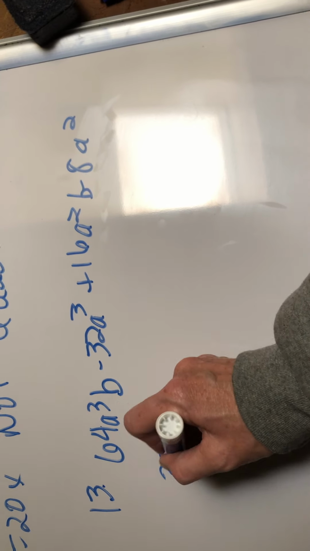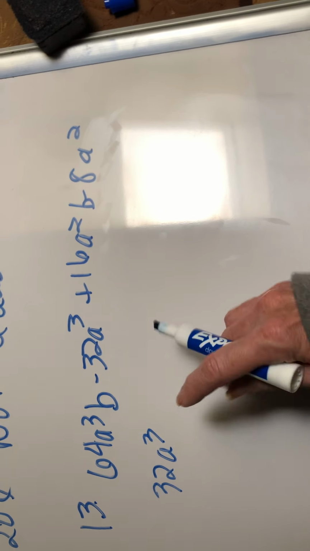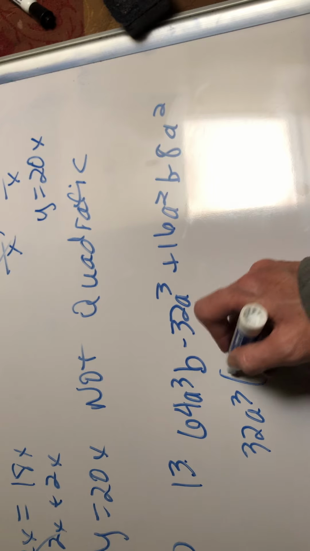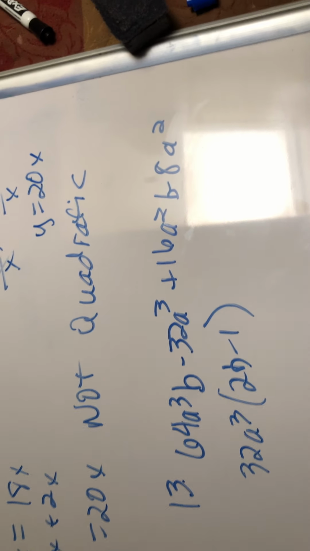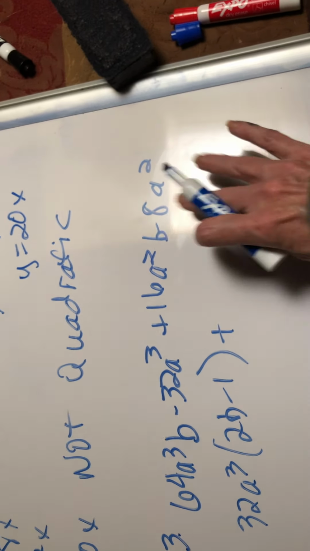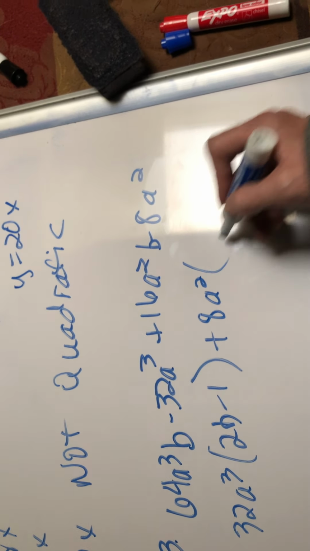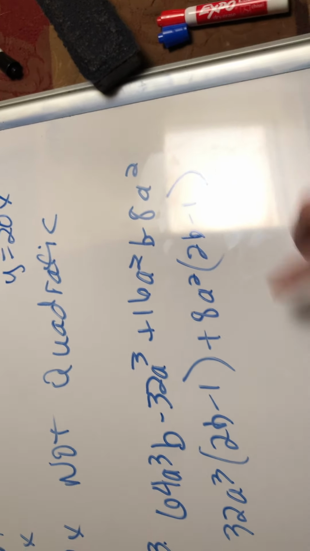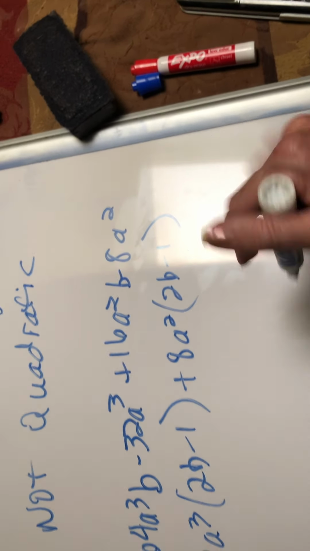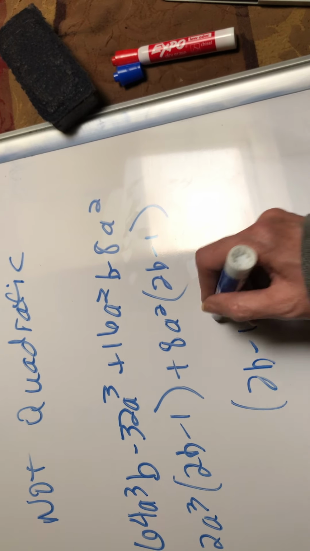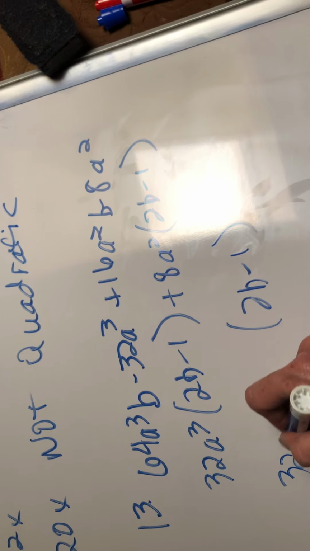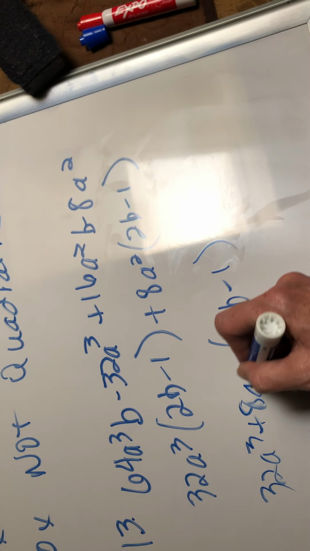So you could take 32a cubed out of both of them. That would leave 2b minus 1. You can take an 8a squared out of these two. That would leave 2b minus 1. Notice the parentheses match, which is good. So that means I have 2b minus 1, and I have 32a cubed plus 8a squared.